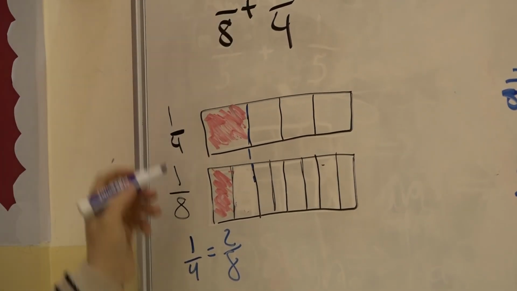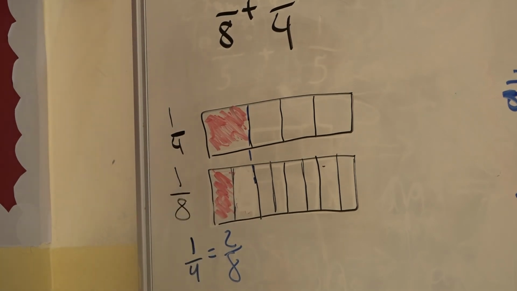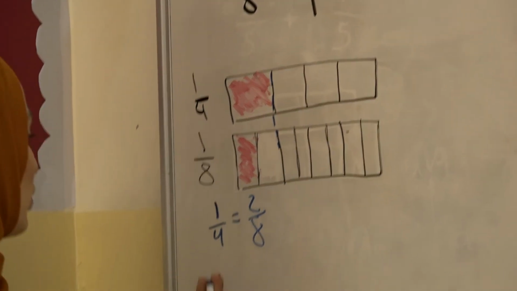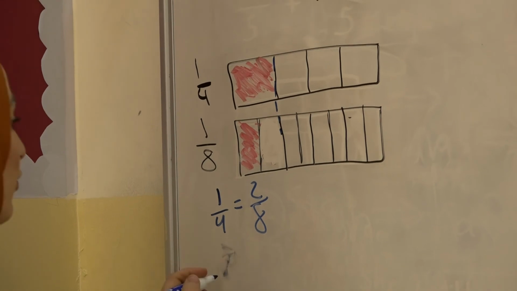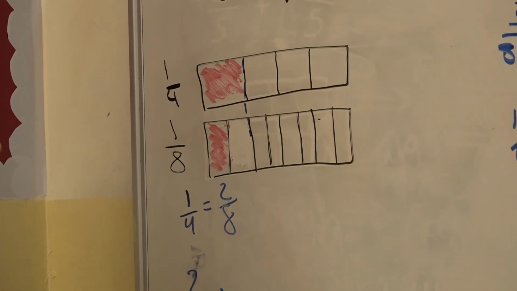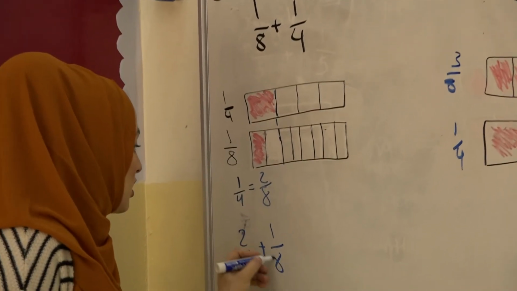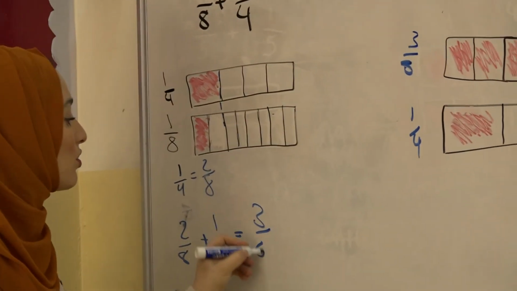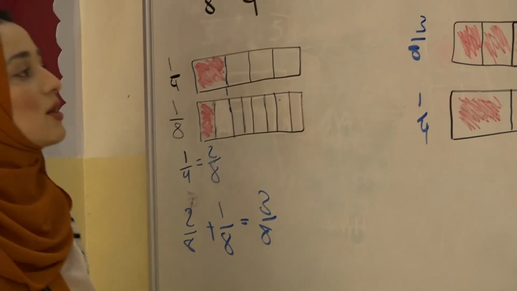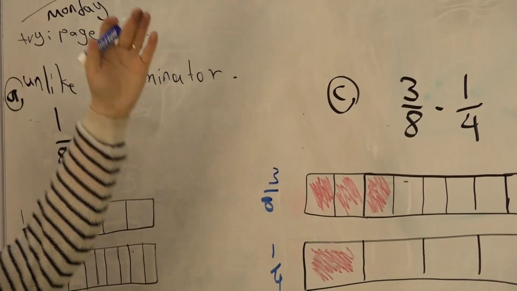Instead of 1/4, put down 2/8. So 2/8 plus 1/8 equals how many? 3/8.